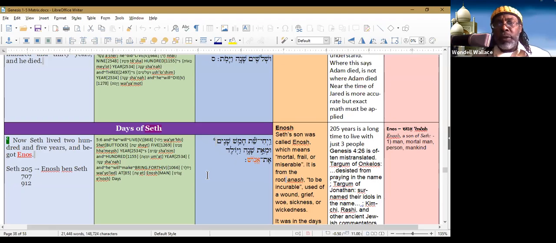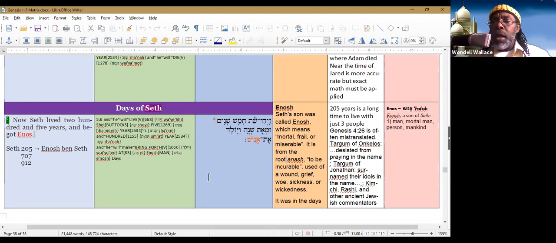I'm sure you're familiar with that verse. I think that verse is coming up, actually. So Enosh means the son of Seth, a mortal man, a person of mankind. So far we have man, appointed, mortality. Okay, it keeps building. I hope you see how it's building, the message that's embedded in this genealogy. Let's move on.